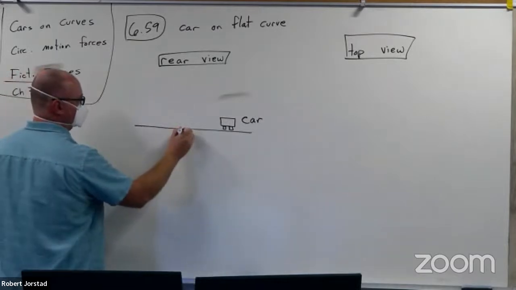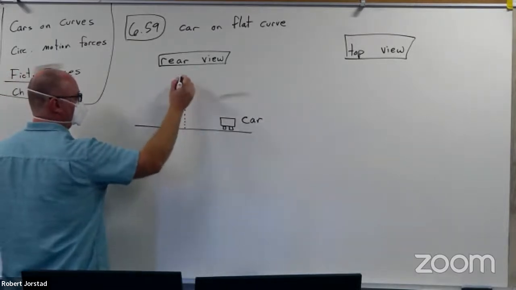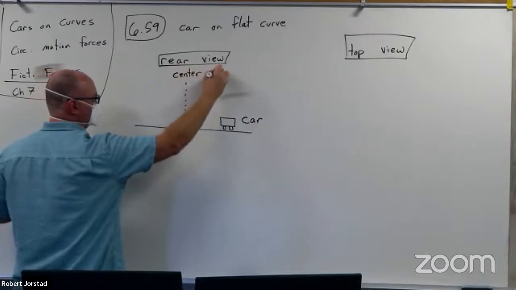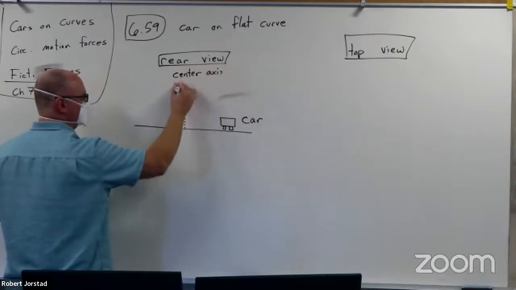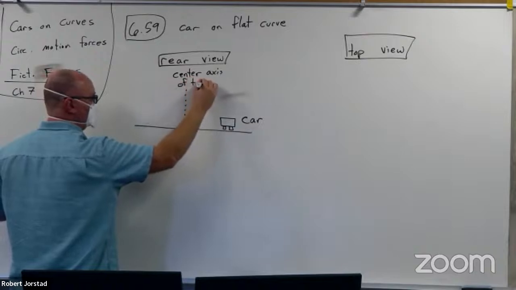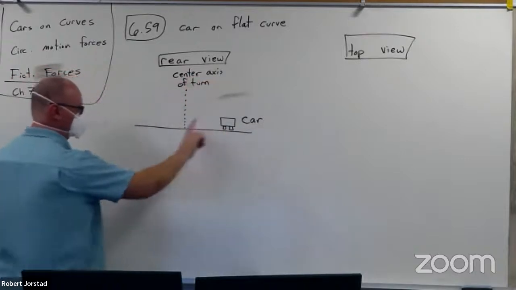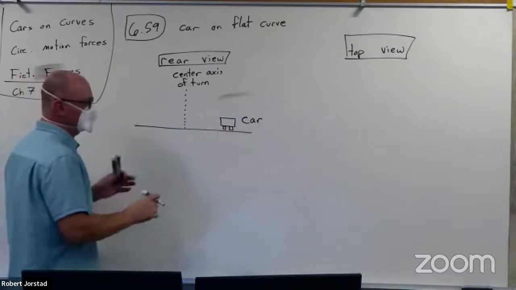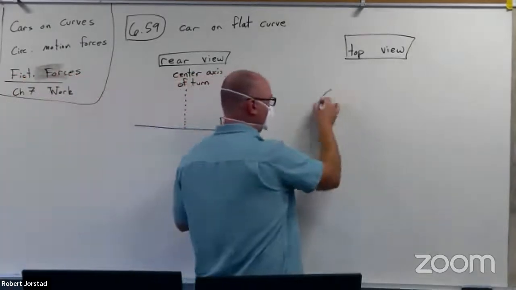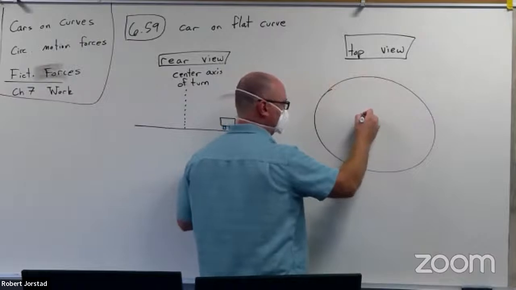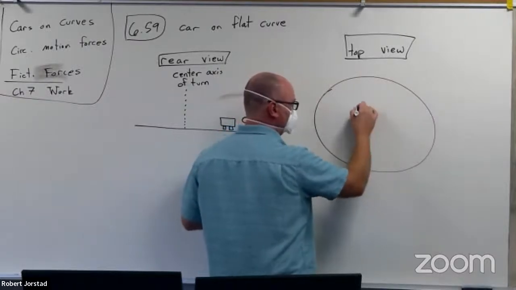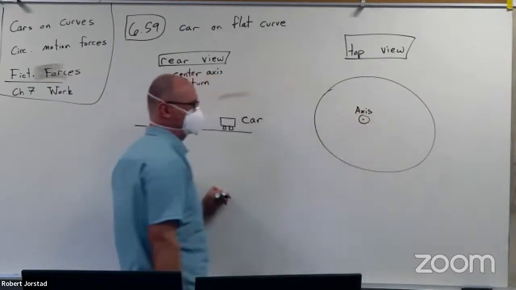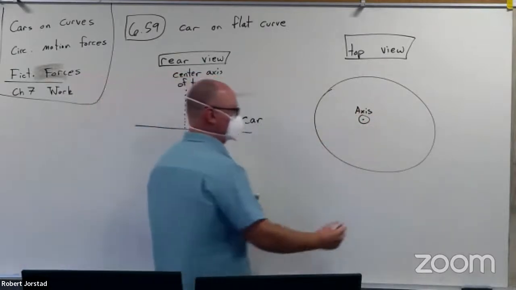And here's the center of the turn. I'll call this the axis of turn. So imagine this car is going around this way. From the top, the axis would be coming out of the page, and the car would be over here.